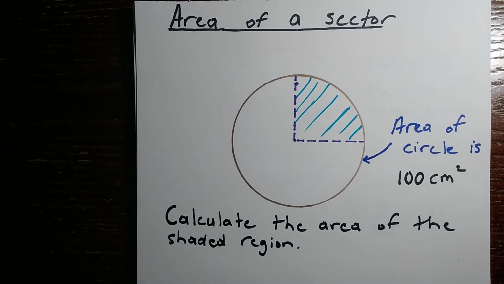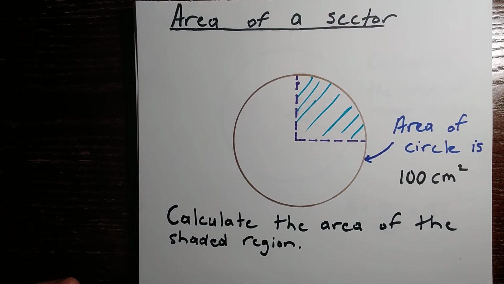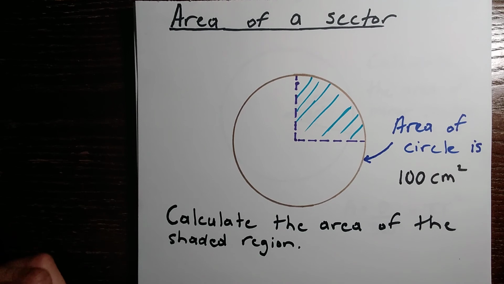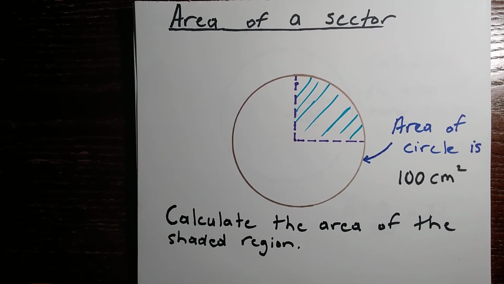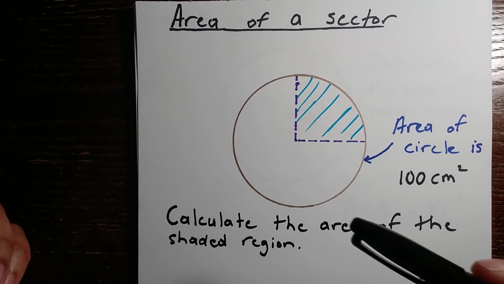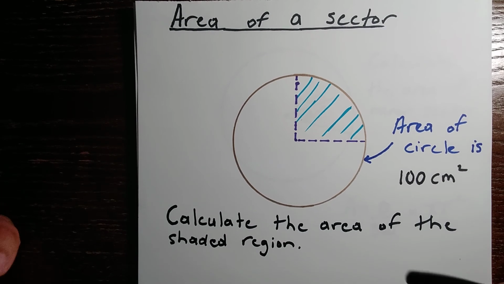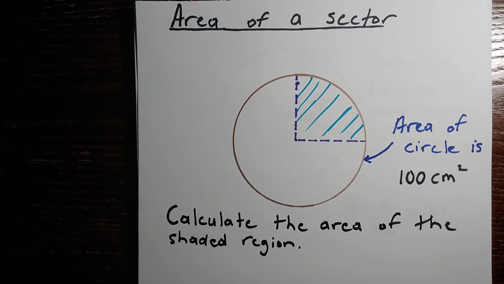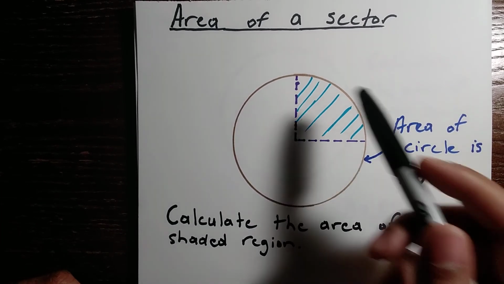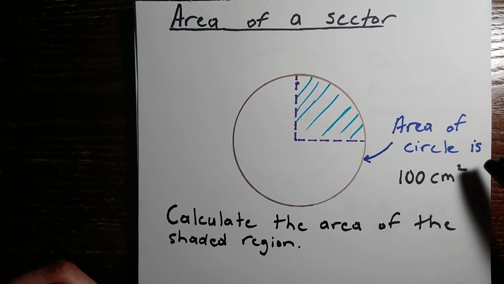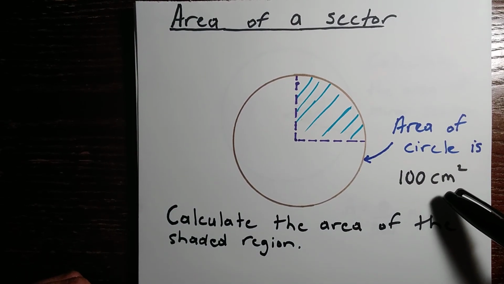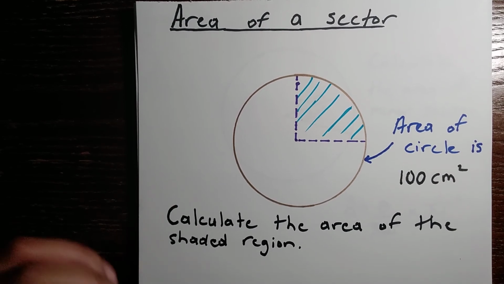Now, I want to demonstrate quickly how to derive a formula that we can use when our central angle is in degrees. As you can see, we have a circle here, and the area of the circle is 100 centimeters squared.